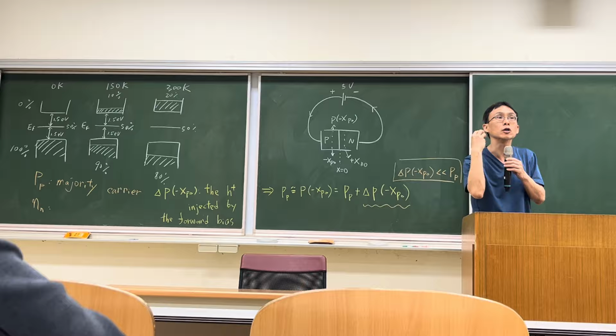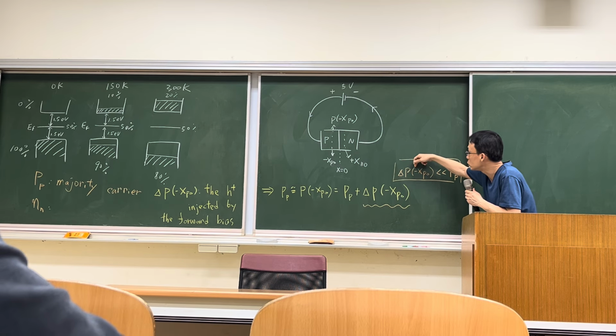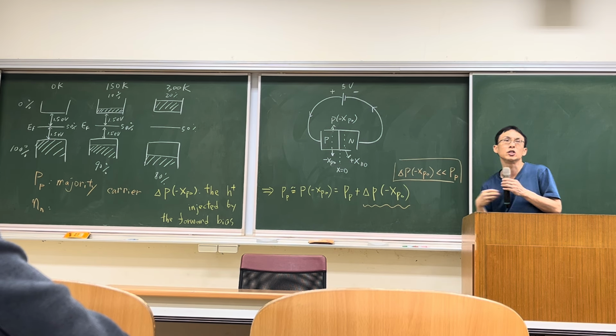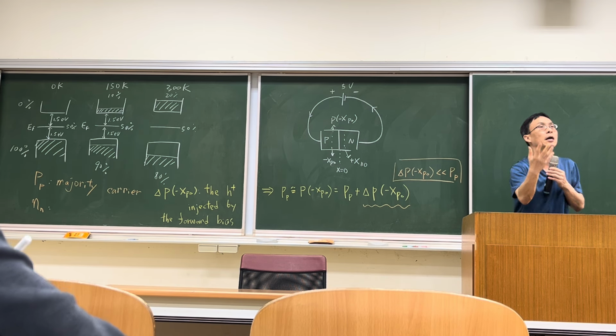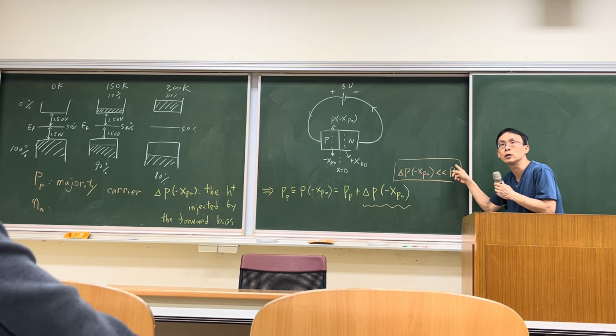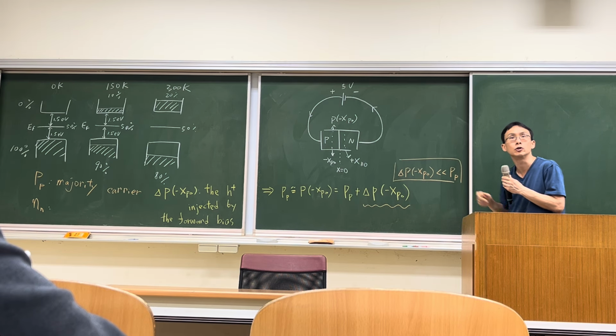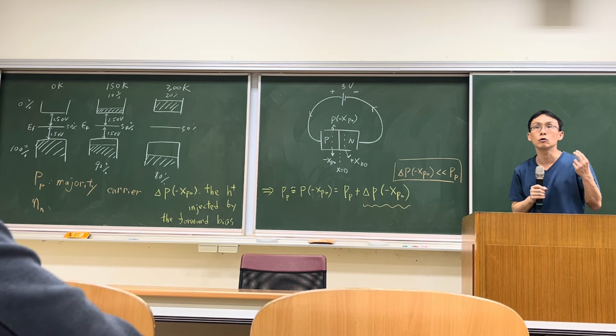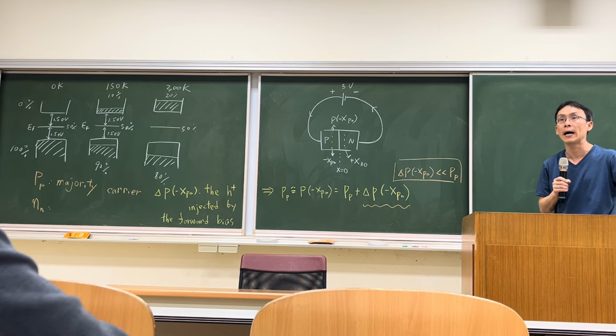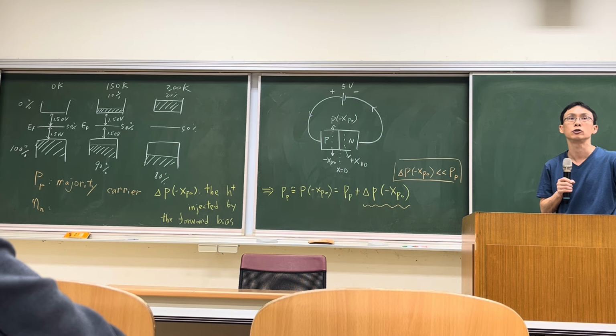you can still assume the change due to the bias is nothing compared to the original concentration in the P-type region, right? Because the majority carrier is so high. I can give you an example, let you feel the difference.